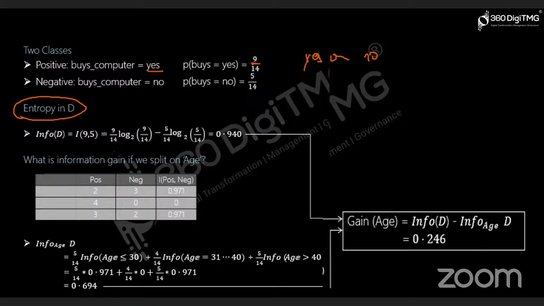You take the probability, that is 9/14, and you take log base 2 of that probability.